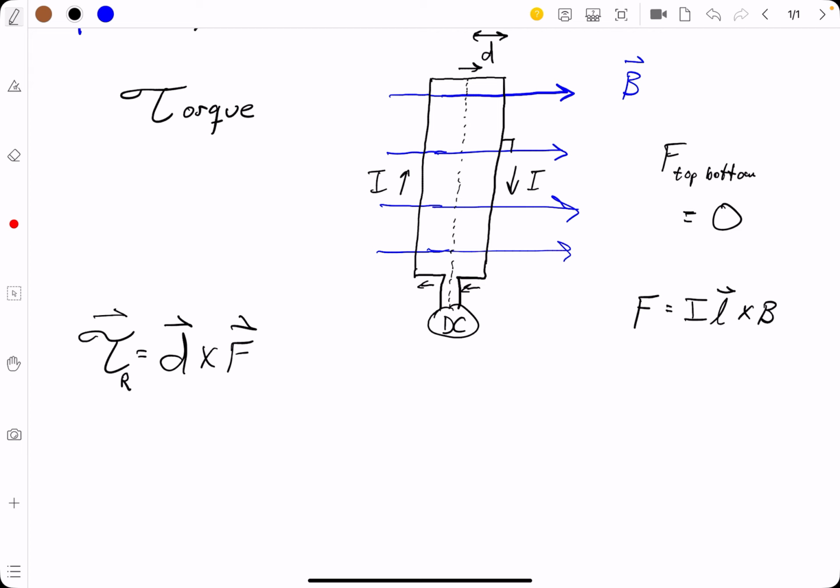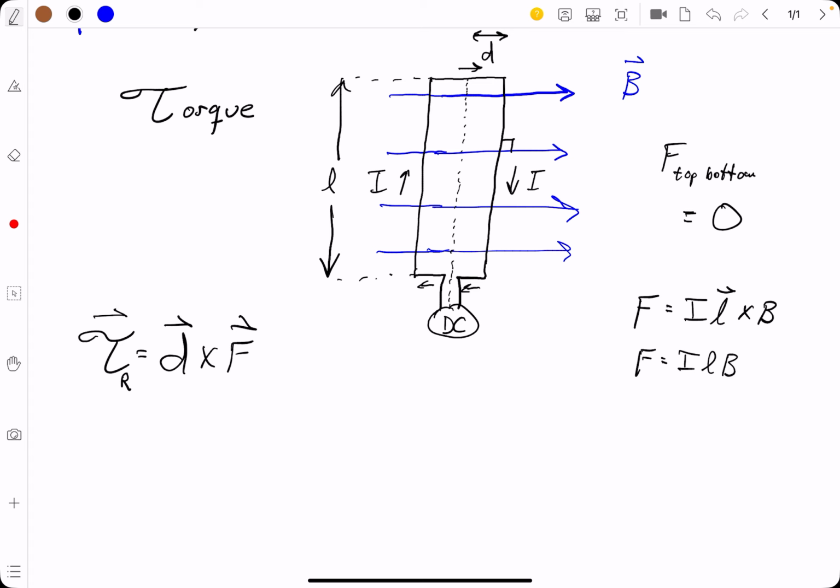This is a 90-degree thing. So then our force is, I guess I'm going to make this L from here to there. Okay, so good. Whatever that L is, that's fine. Our force, everything's 90 degrees, so the sine of theta goes to 1, and we'll just say ILB.